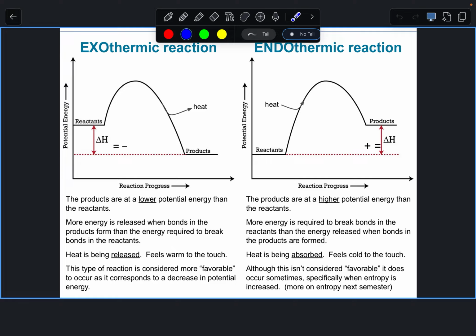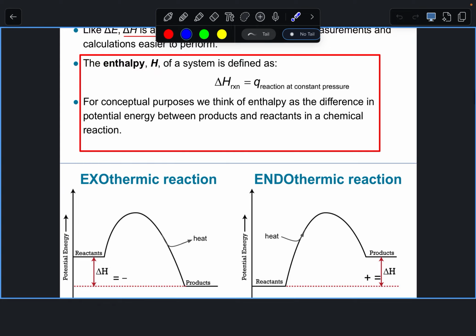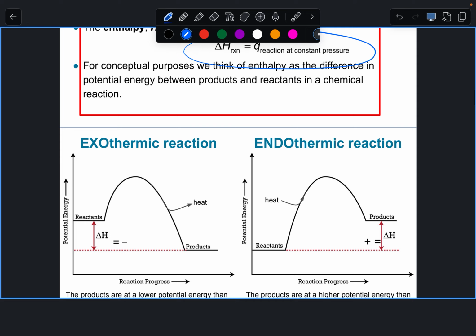We're also going to only pay attention to ones where work isn't being done, which means that all of the energy exchange happening in the chemical reaction is going to be through the absorption or release of enthalpy, or this special kind of heat, okay? So remember, it's written right there. So enthalpy is heat at constant pressure, and we're going to talk about reactions exclusively where we can look at enthalpy, okay?